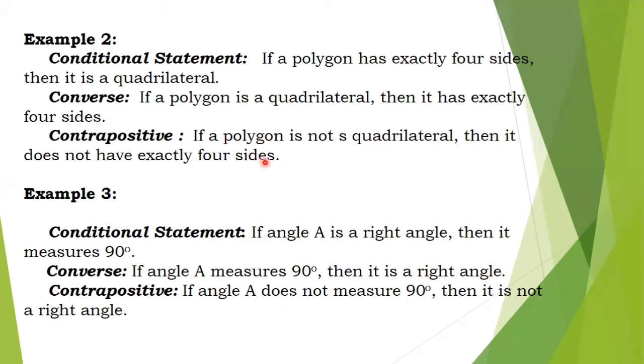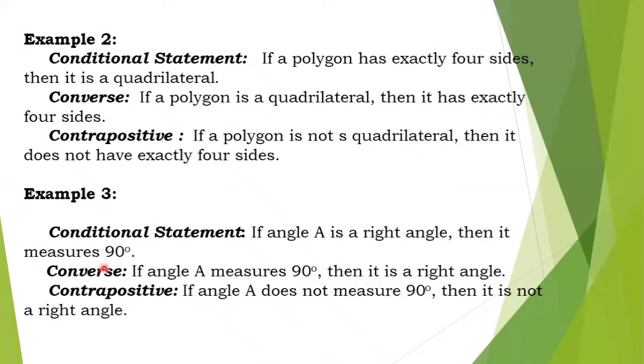Okay. So, let's go to example 3. Let's take this. The conditional statement is, if angle A is a right angle, then it measures 90 degrees. Okay, the converse will be, if angle A measures 90 degrees, then it is a right angle.